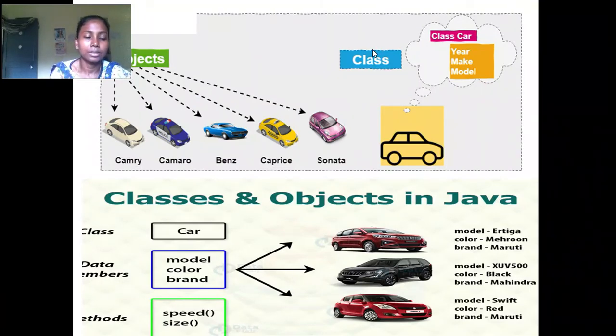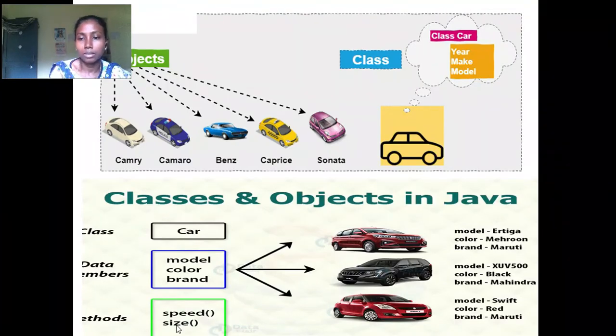Now come to class and objects in Java. This Car class has data members model, color, brand, and methods speed and size, which vary. Some cars have more speed and capacity than others, and their size also varies.